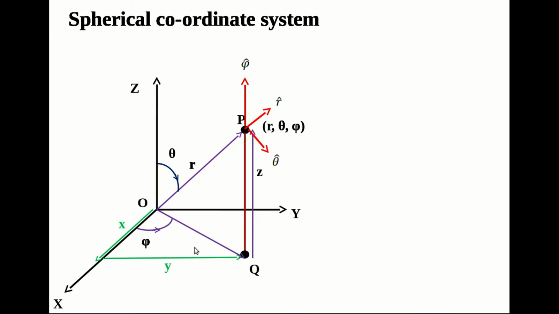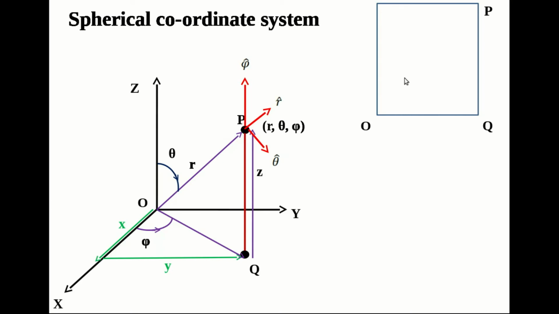Phi can be varied from 0 to 2 pi, that is one full circle from x-axis back to x-axis.